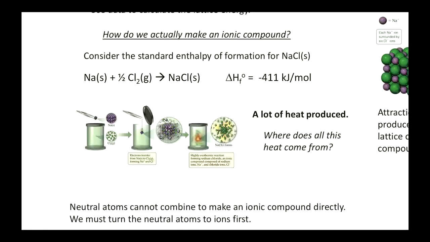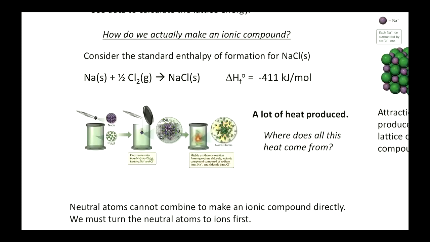Let's try to make salt. Let's make an ionic compound. All right, so NaCl solid. If I go to a table and look up the formation value, remember formation values? You can look up that value. That value represents the standard enthalpy of formation for that substance.